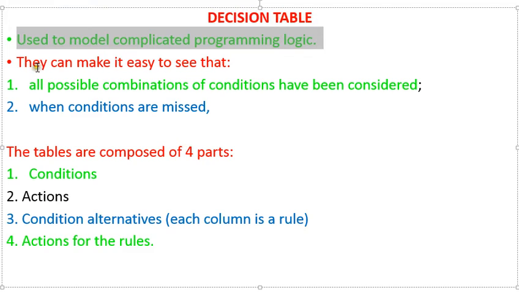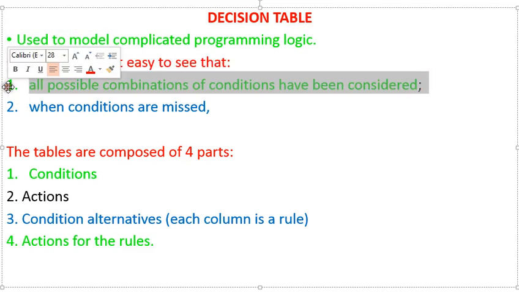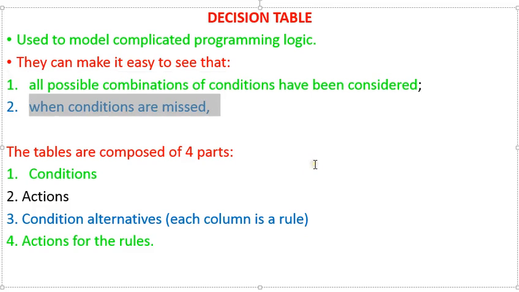And this table will help us make the process very easy. How? It will help us see all the possible combinations of the conditions that need to be considered in order to write the program correctly. And the decision table will also help us see whether any necessary condition is not included. If yes, then we have to incorporate it to avoid errors.